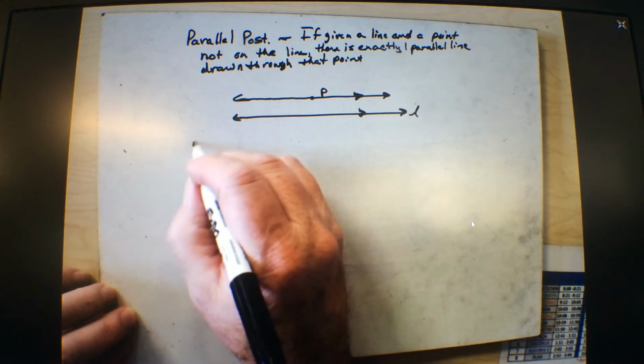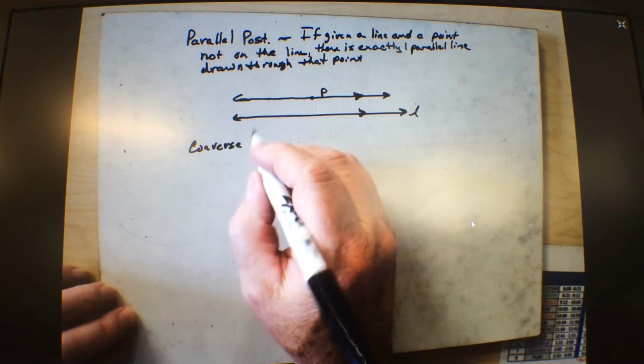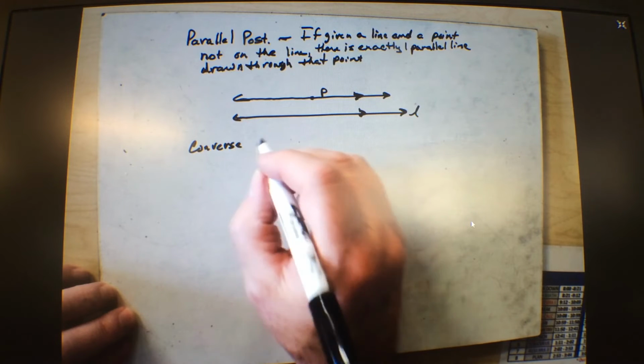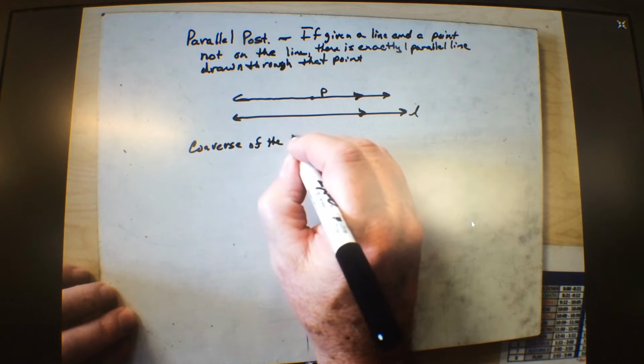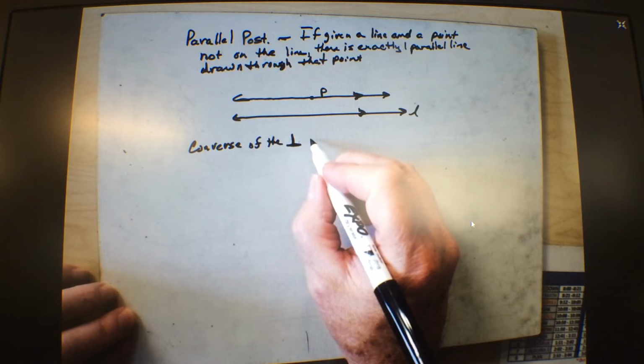And now we have the converse. And this actually, we learned this the other day, but the converse of the perpendicular transversal theorem. That means perpendicular. Remember, this means perpendicular?